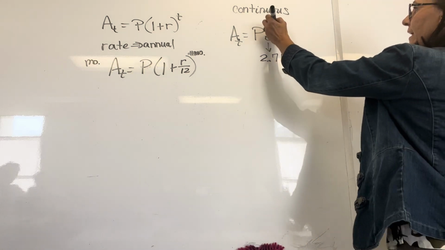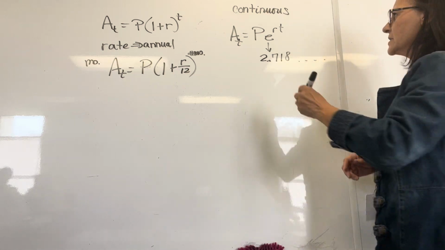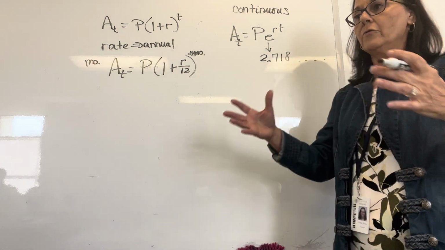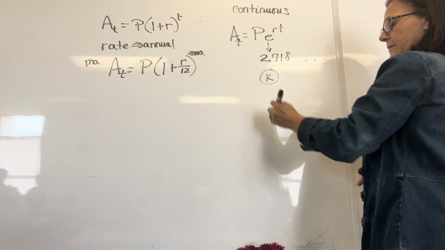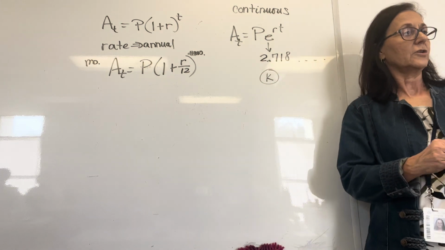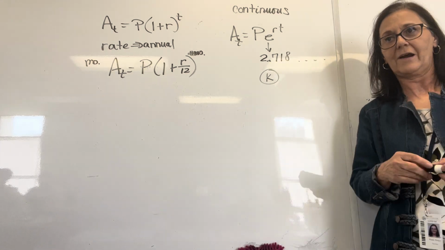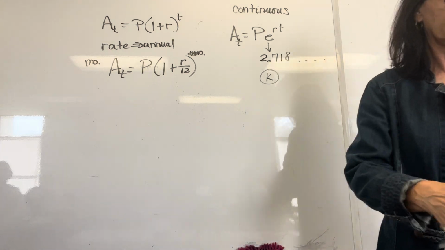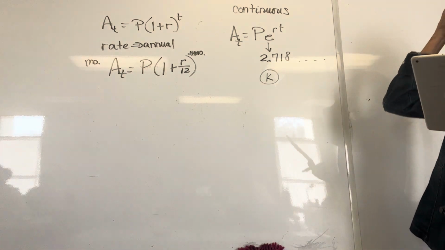All right, and E is raised to the RT. What does the R represent? The rate of growth. Sometimes this R is going to be a K, so it could be raised to the K, but I always use R because PERT works, right? And then we're going to have one formula at the end, but we'll look at that at the end.